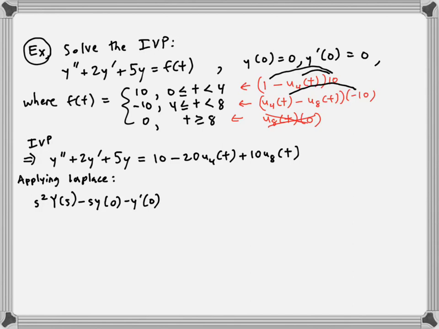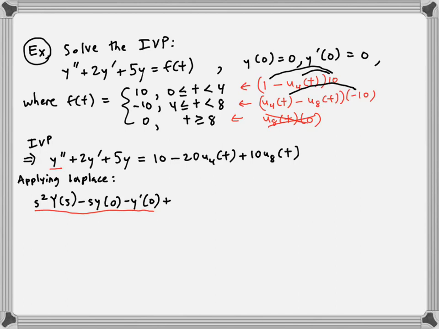Okay? And so let's keep going here. What is the next part going to be? So all of this, by the way, was just taking the Laplace of that first guy. Now we have plus 2 times the Laplace of the derivative. What's the Laplace of a derivative?